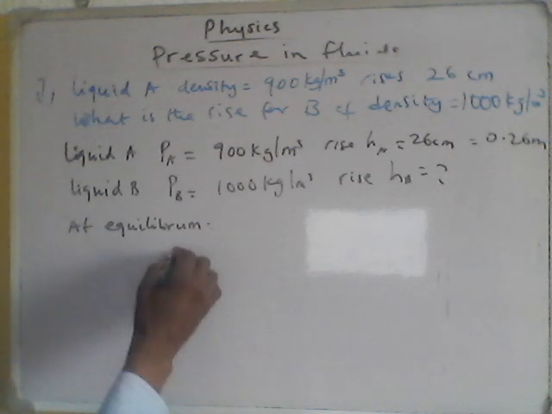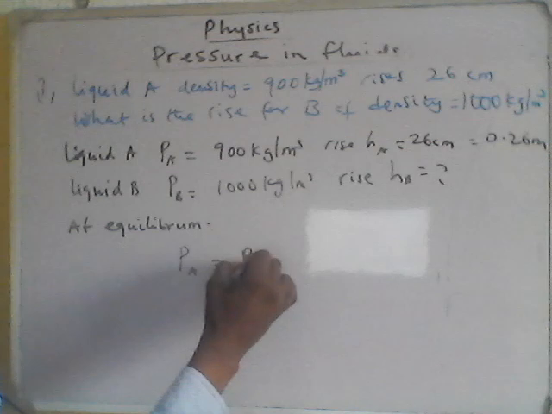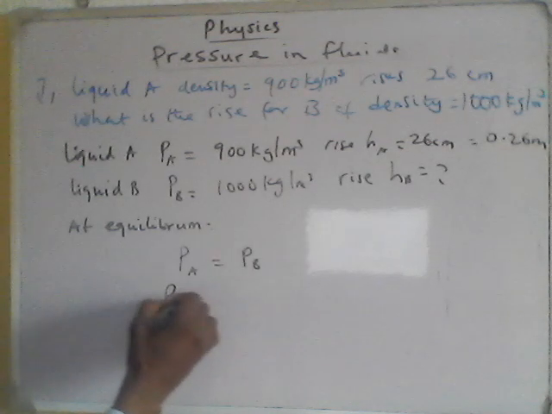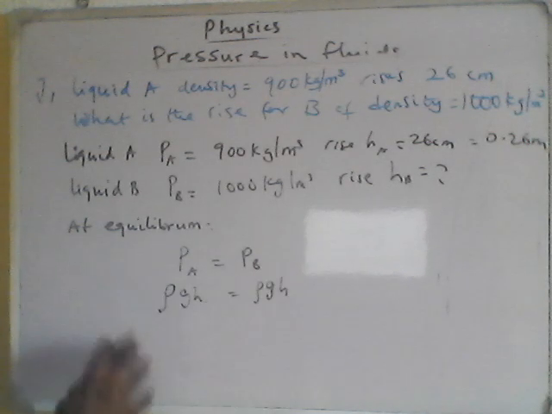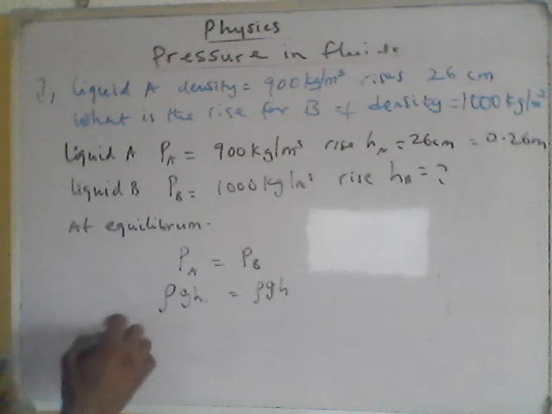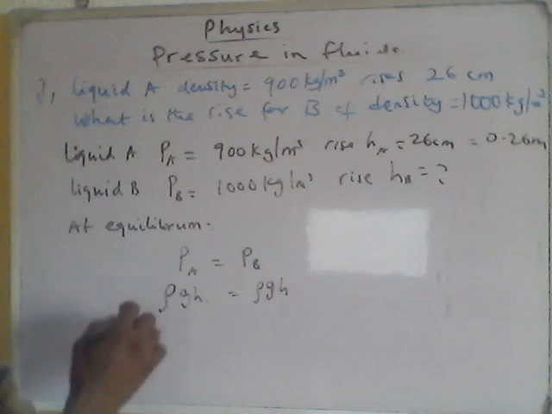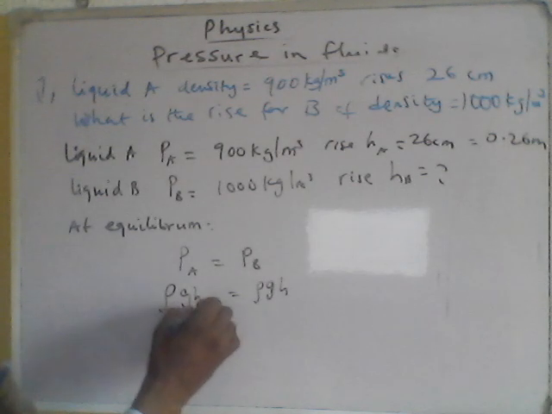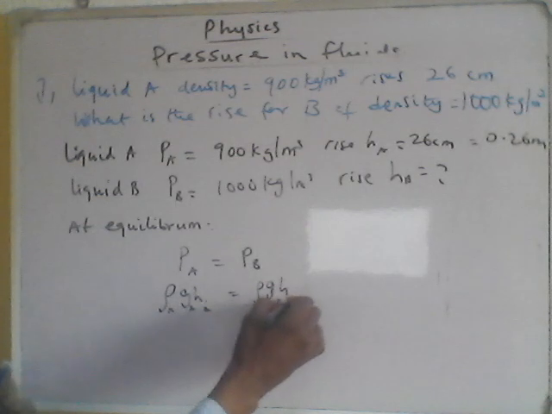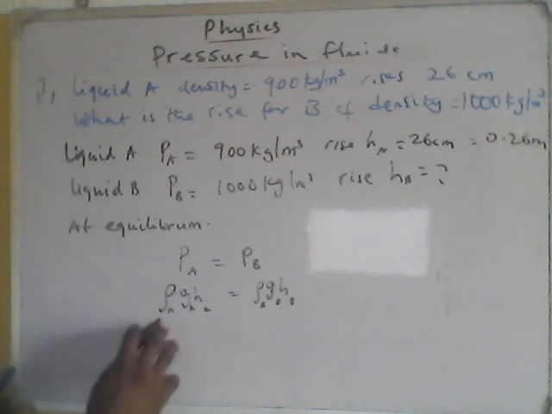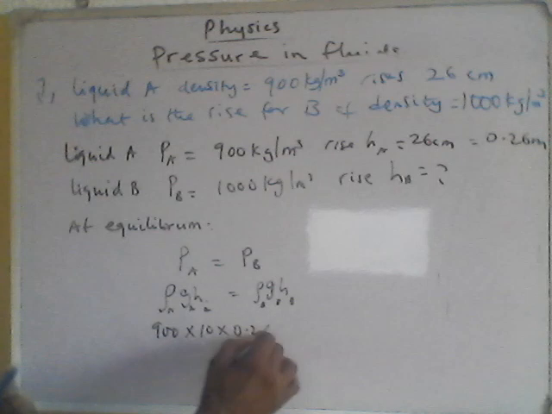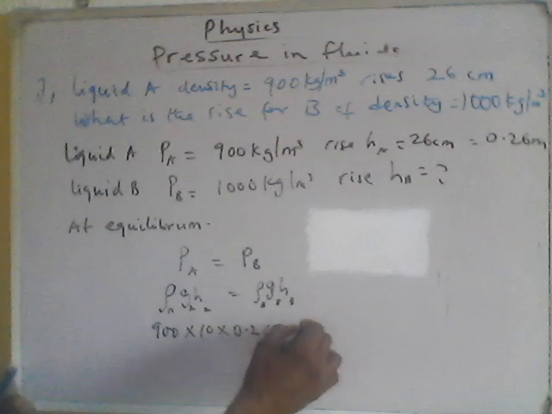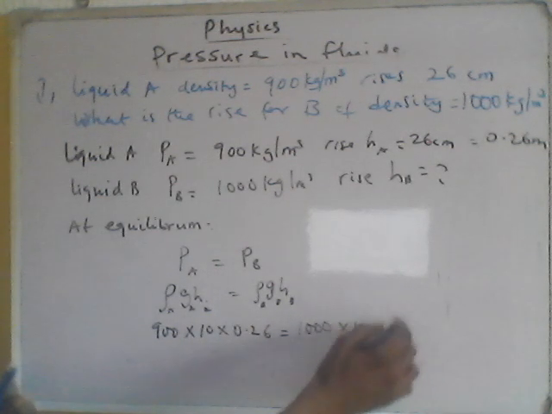So pressure of liquid A is equal to pressure of liquid B. So this is density, gravity, height of A and density, gravity, height of B. Okay, so let's do that for A. Let me put the subscript so that we know B. Density for A is 900, gravity is 10, height is 0.26, equal to density for B, 1,000, gravity 10, and height unknown.